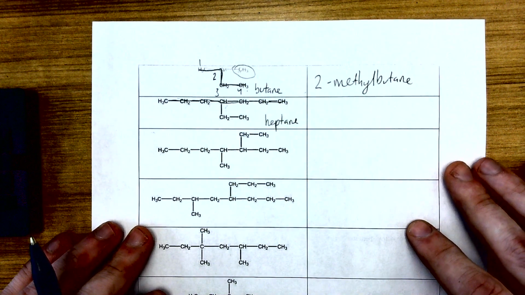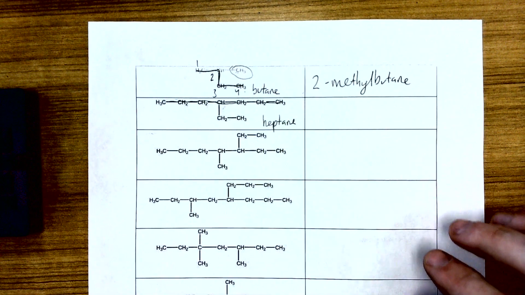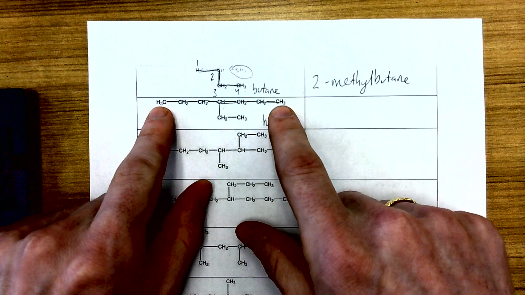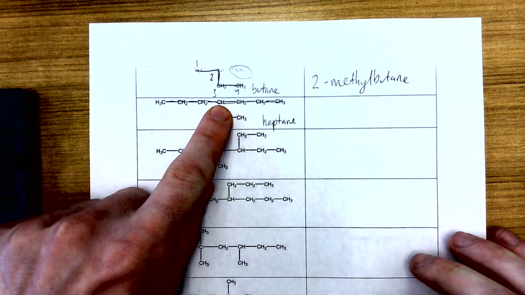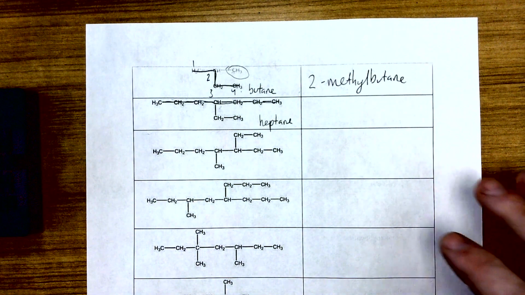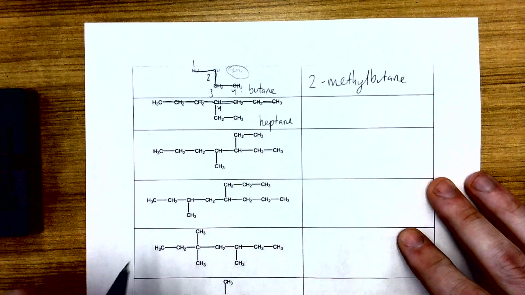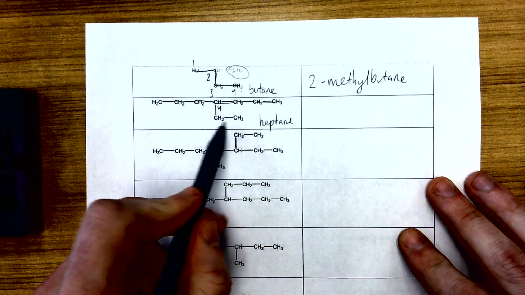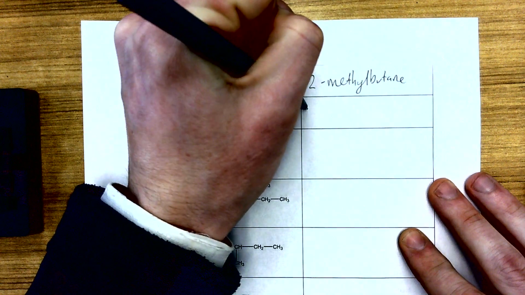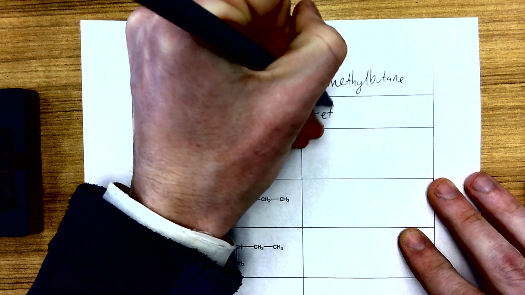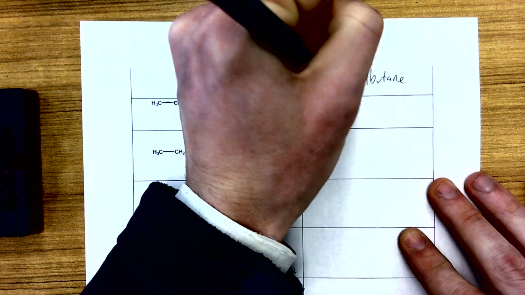And when we start counting here, you're going to notice that you have options. Because no matter where we start, 1, 2, 3, the branch will be coming out of 4. And that branch is 2 carbons long, which is ethyl. So when we name this, 4-ethylheptane.